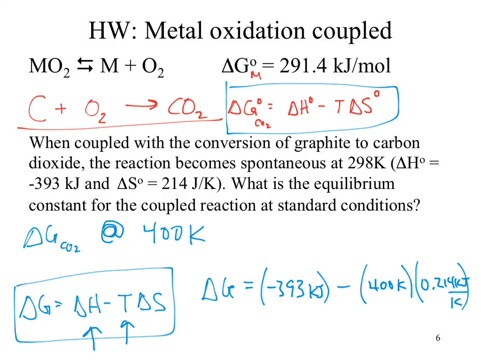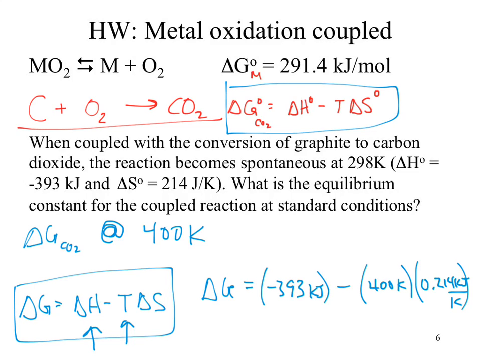To simplify this and allow you to solve for it, we say that the enthalpy and the entropy are not temperature dependent enough to change substantially from our standard states, and we can plug those numbers directly into the equation. We can now go through and solve for our delta G at 400 kelvins. So that was a nice circular way to go back to your question. What's the difference between those equations? There isn't.